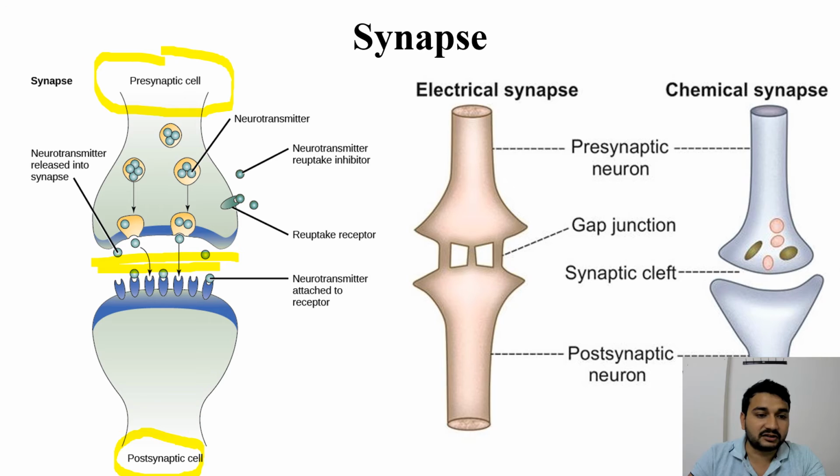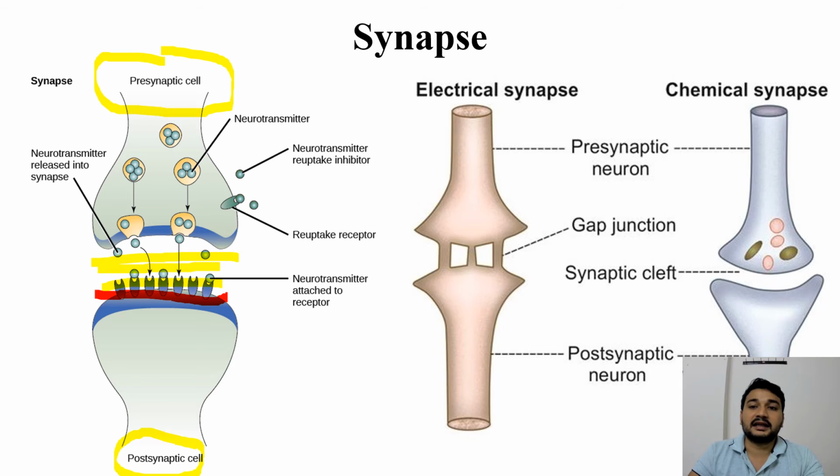Here the neurotransmitters attach with the help of neurotransmitter receptors, and then the signal is processed by the brain. So this is the synapse, and on the right side there are two types of synapse, the electrical synapse and the chemical synapse.